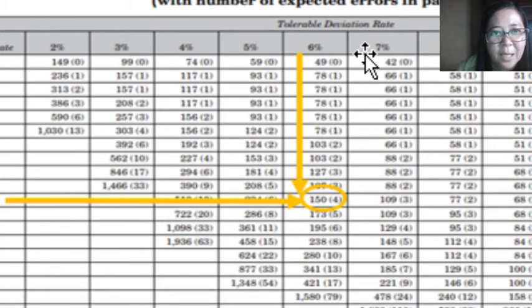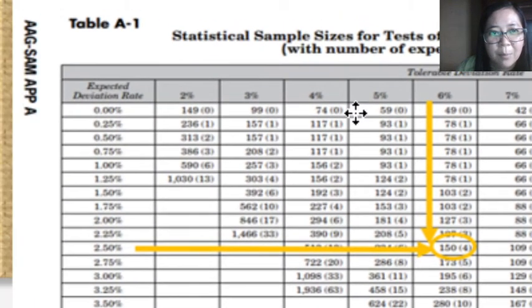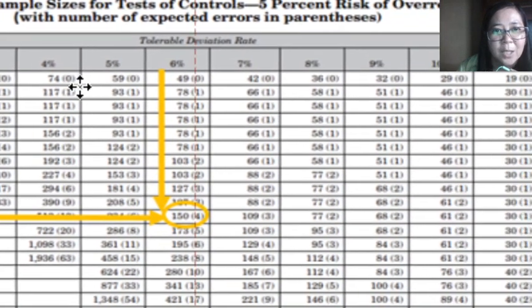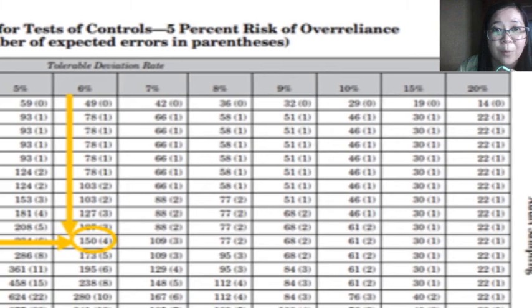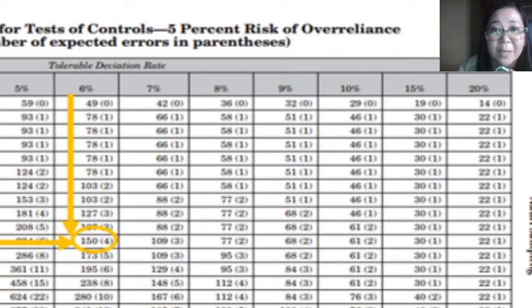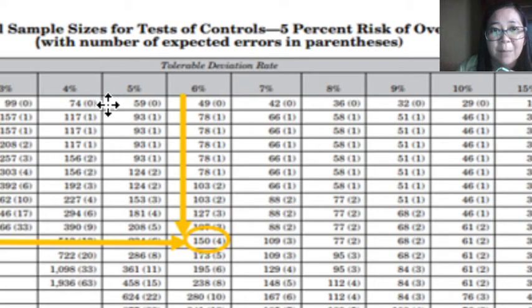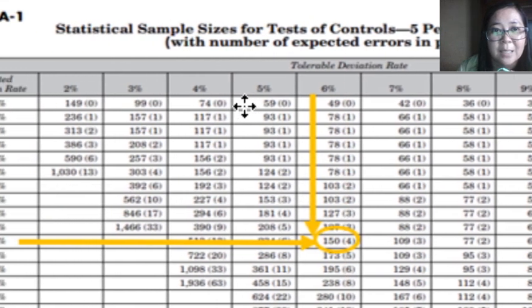Okay. So here, this is the table. Statistical sample size for test of controls. So this is for the 5% risk of over-reliance or control risk too low, in other words. Okay, with a number of expected errors in the parentheses.